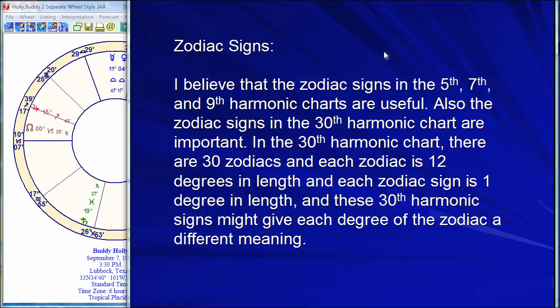And there are others that do that. And we talked about whether you can interpret the signs of planets in the harmonic chart. And I believe you can, at least for some harmonic charts. And a great many astrologers also do that, particularly in Vedic astrology, interpreting the ninth harmonic sign as being especially important.